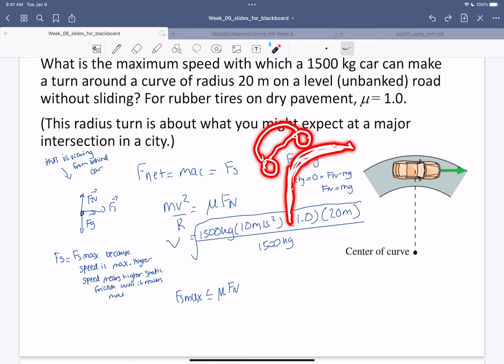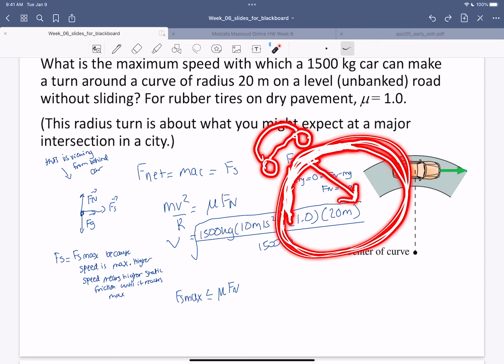And to be able to make a circular path, you need centripetal acceleration, centripetal force pointed towards the middle. The force that allows you to move along that circular path is static friction, because it's the force that helps you grip and make that turn.